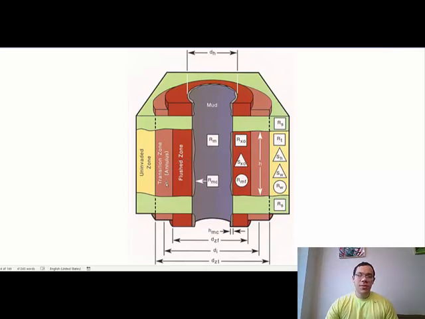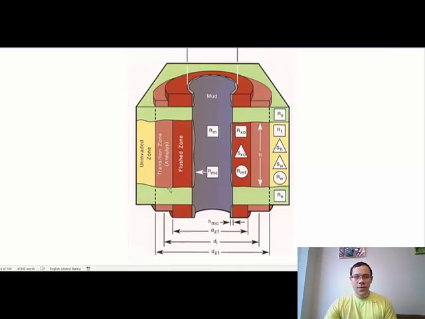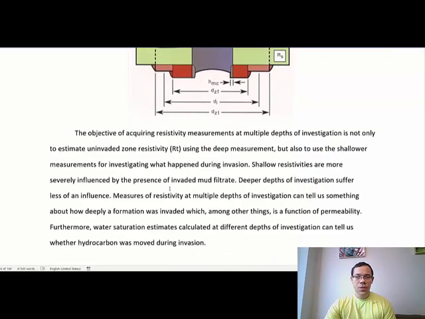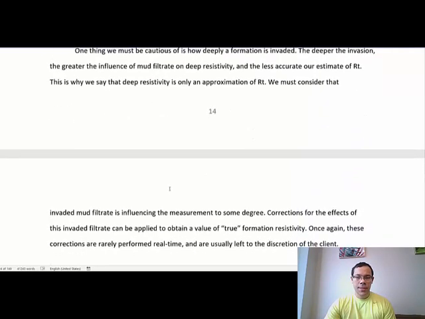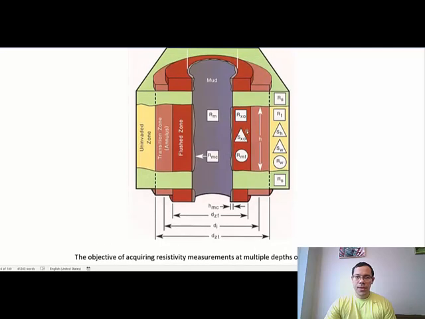The transition zone has both as well. And the uninvaded zone is the most representative area, the virgin area. Usually we'll tell you the properties of this formation, but knowing and comparing the behavior of your sensors in these three areas will give you more information. But for now, just bear in mind that whenever you're talking about these letters, you should know them.